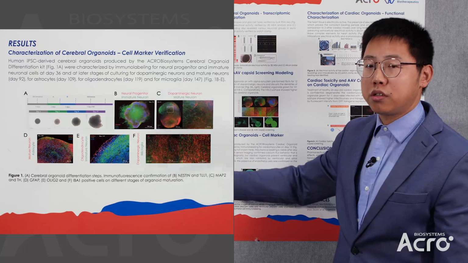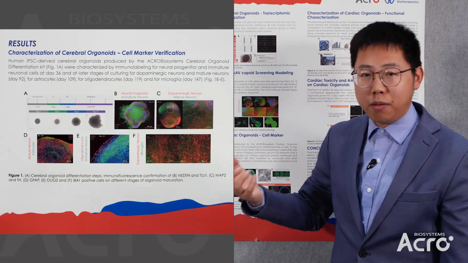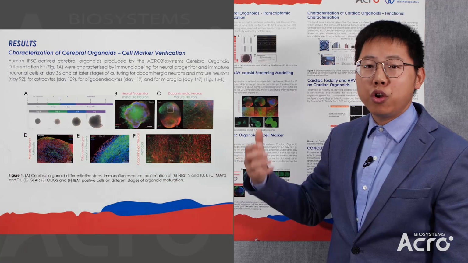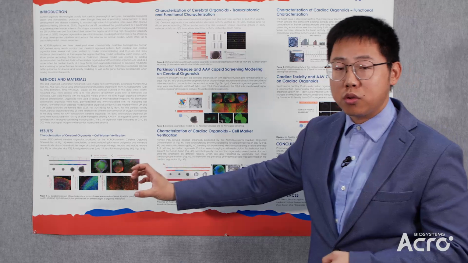These organoids finally involve many different cell types, showing that this is like a real brain. This is very different from just single cell lines.